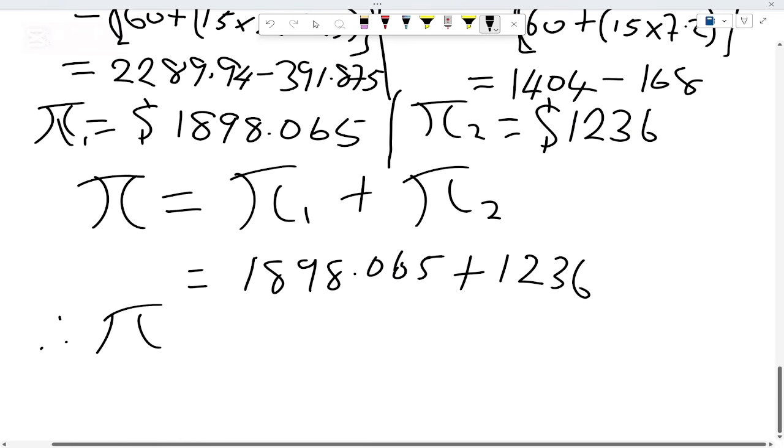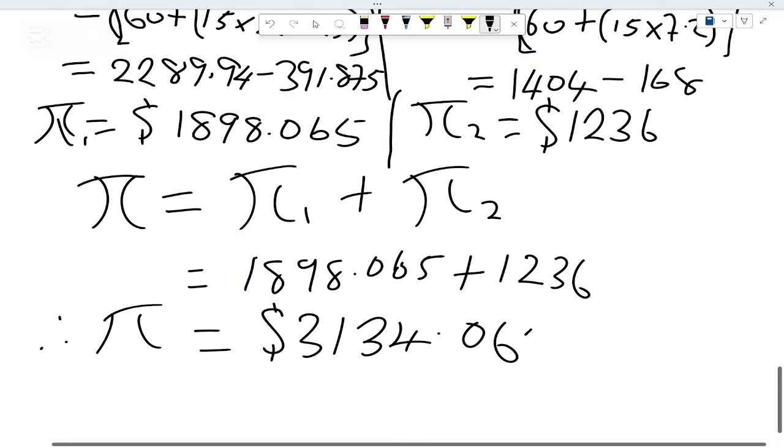The total profit is therefore equal to, don't forget your sign, $3,134.065.